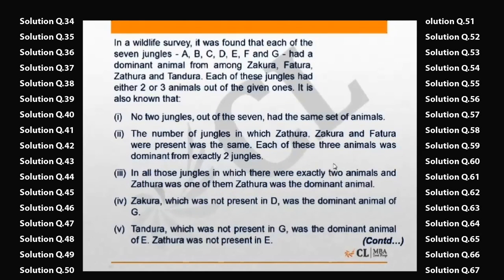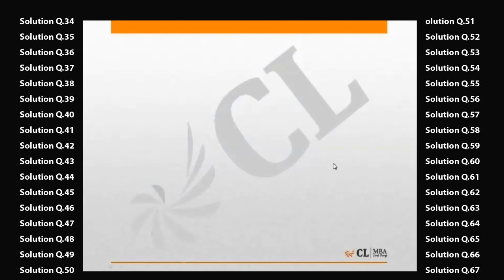Okay, this question talks about 7 jungles A, B, C, D, E, F and G, which had either 2 or 3 animals from among Jakura, Fatura, Jathura and Tandura. First of all, what we will try to gather is the primary or the direct information given in the question.